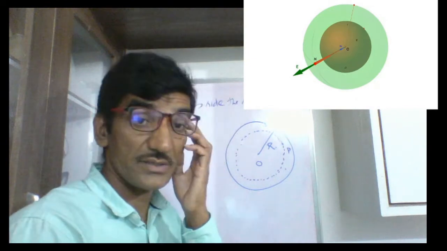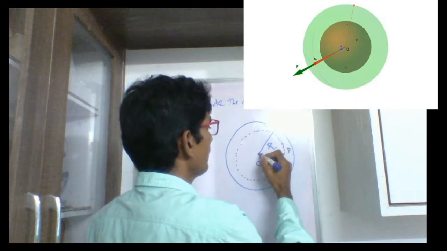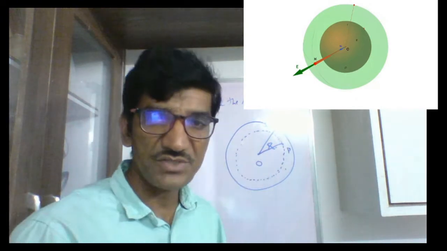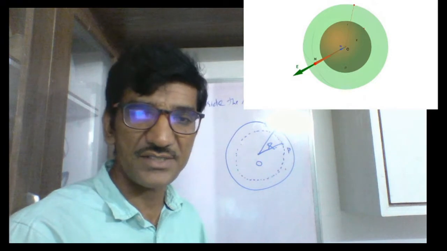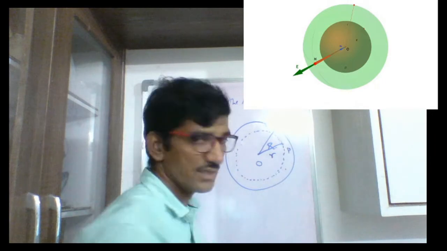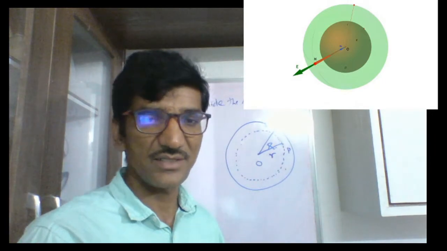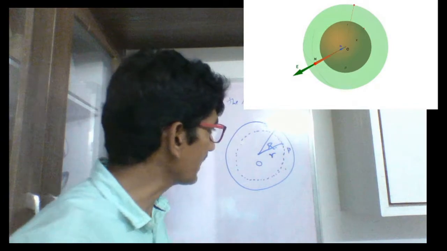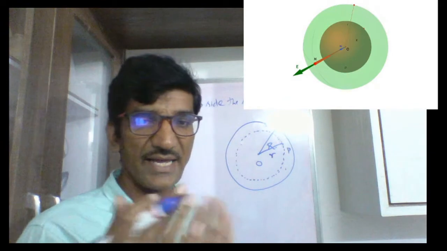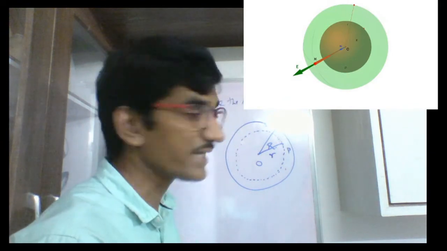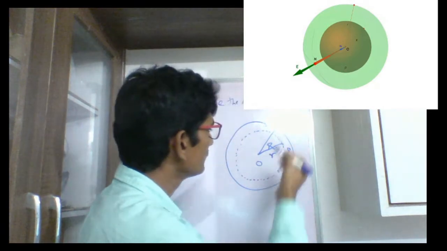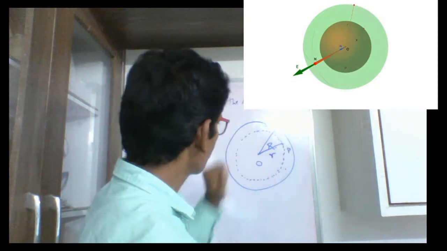Your point is here, P. This distance is small r, because OP is always small r. But the length of small r is decreased now in the second case, because small r is less than capital R. This is the diagram for case B, for inside points.